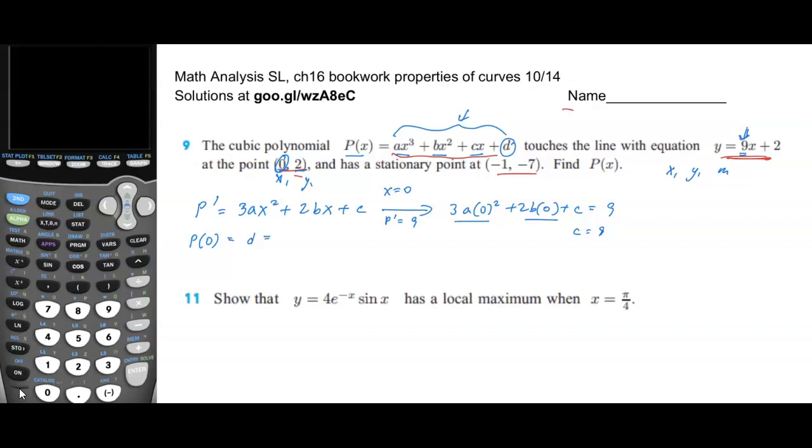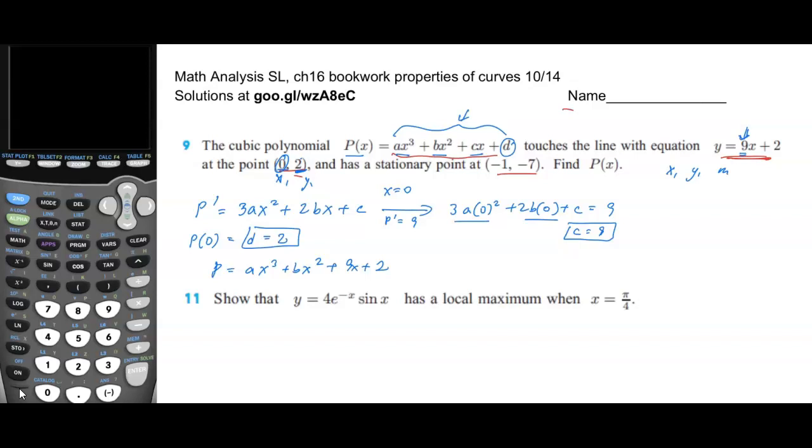We know that the y coordinate at x equals 0 is 2, so d is equal to 2. So now we have the p function partially known. It's ax cubed plus bx squared plus 9x plus 2.